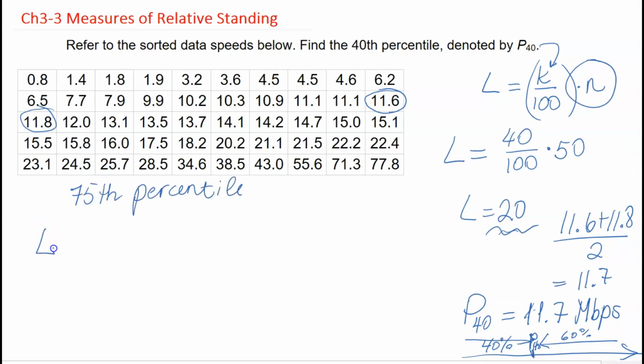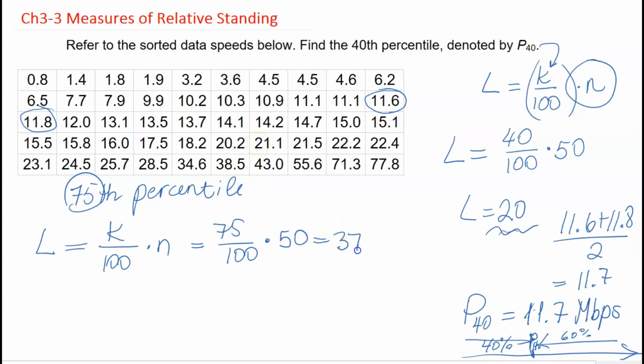We start by using the formula to find the location of the data value, K divided by 100 times n. K in this case is 75, divided by 100, times the total number of values, which is still 50, equals 37.5. The location is a decimal, therefore we round it up to the next whole number, 38.